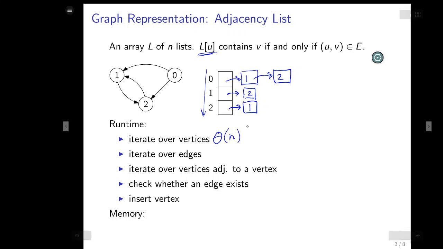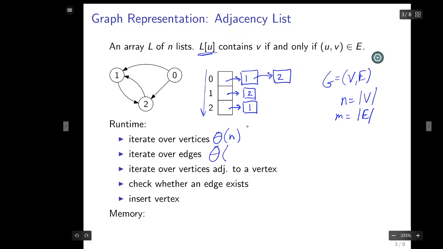How much time does it take to iterate over the edges in the graph? All of the edges. Remember, we have 2 parameters describing our graph. One of those is n, which is the number of vertices. The other one is m, which is the number of edges. How much time does it take to iterate over edges in this representation? I want to visit all the edges. Theta of m?